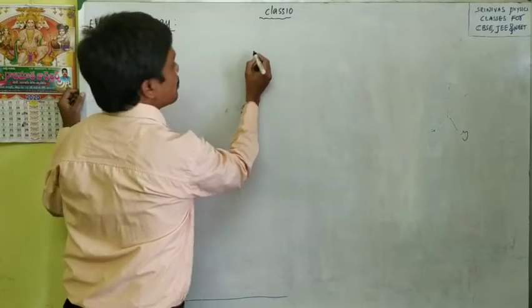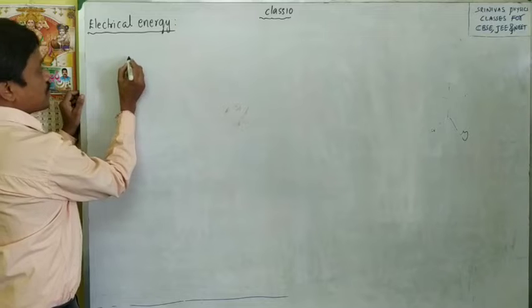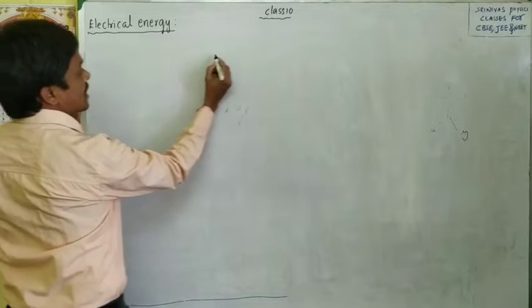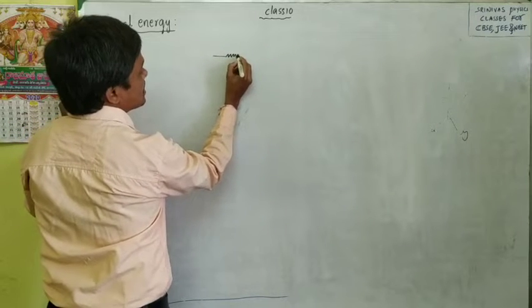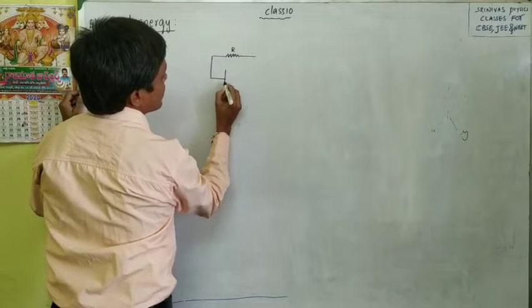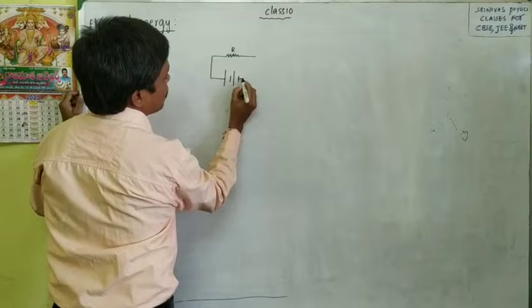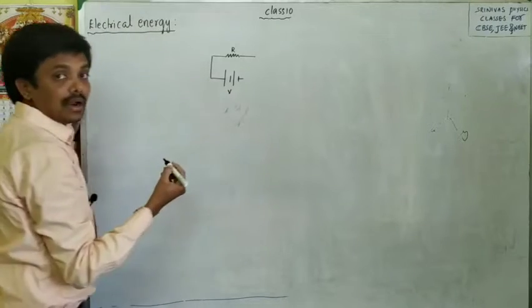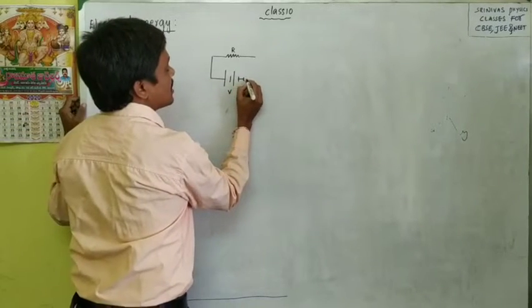means, for example, this is any circuit or some resistance, and this resistance is connected to some battery. This is a battery, and the battery voltage is V, and there is some plug key.